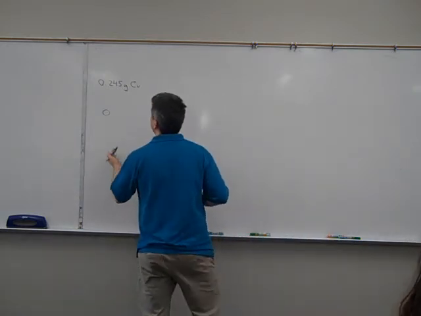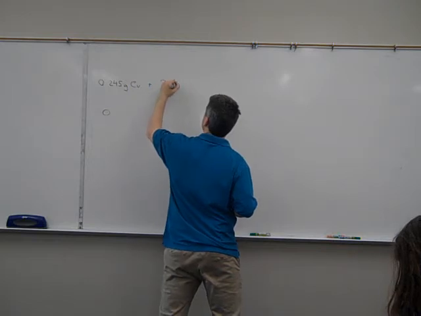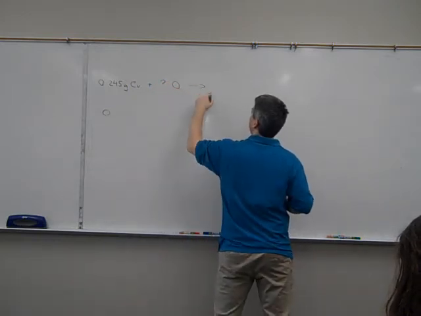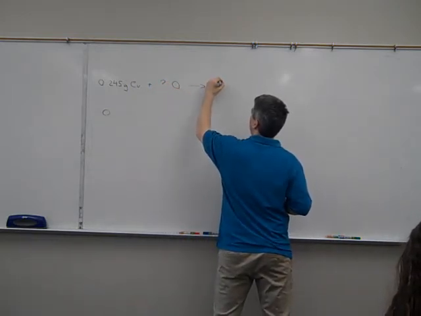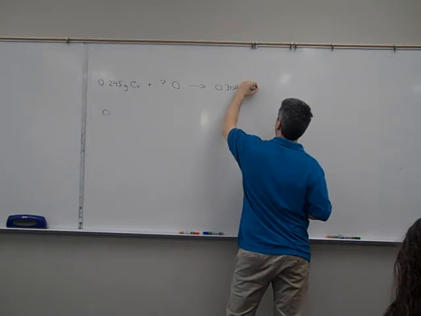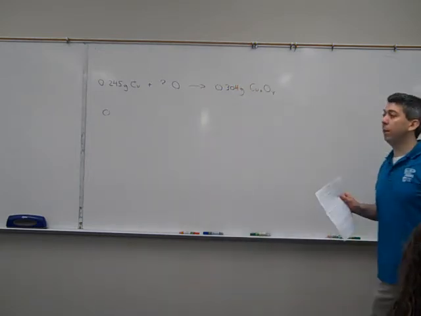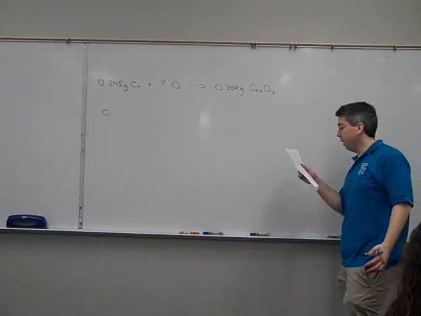Exactly. So this plus an unknown amount of oxygen forms some sort of copper-oxygen product, which is 0.304 grams of CuxOy. And I don't know what those numbers are. That's what I intend to find out.